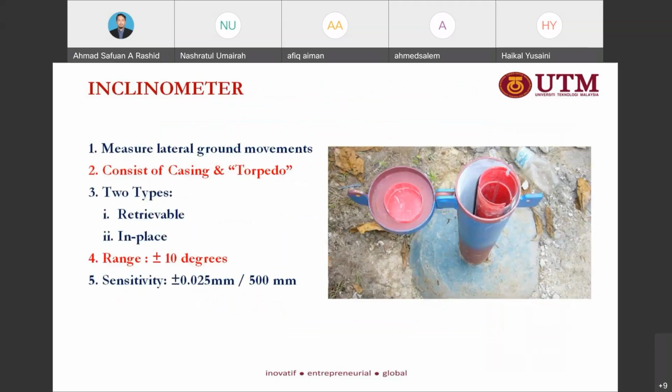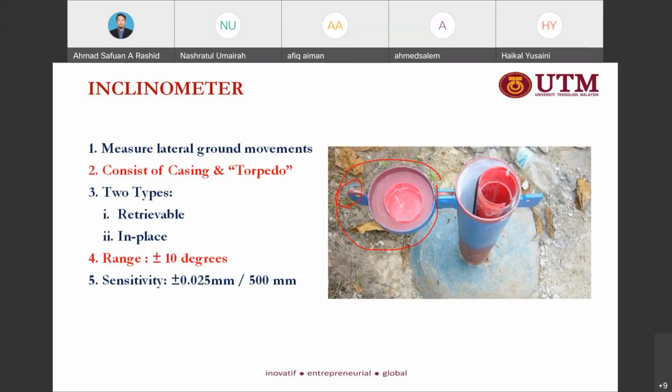So this is the inclinometer, where we want to determine the lateral movement. This is the cap. We make sure that it is closed, and we use a lock. We need to lock.